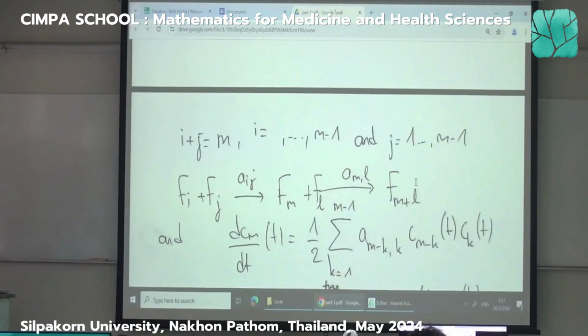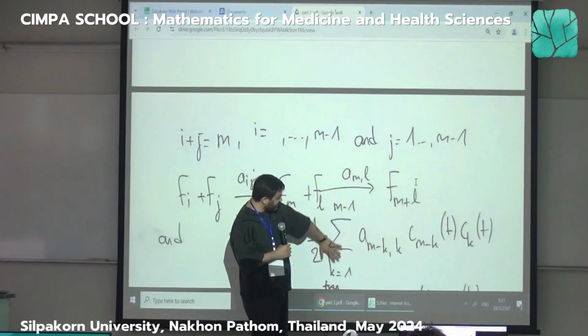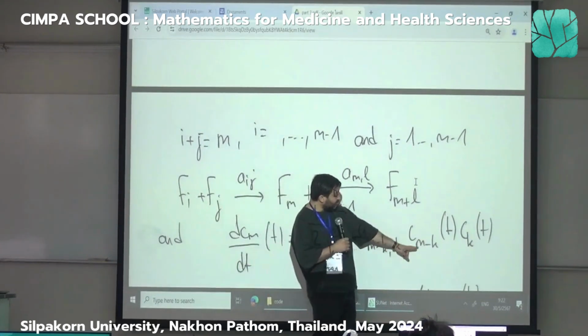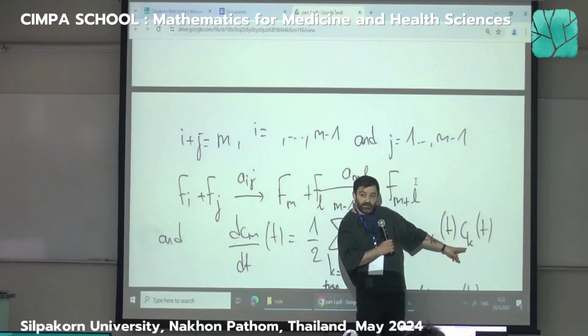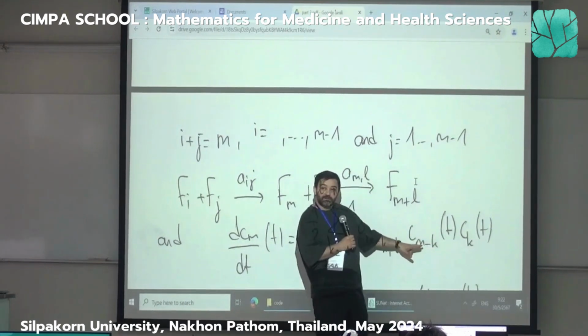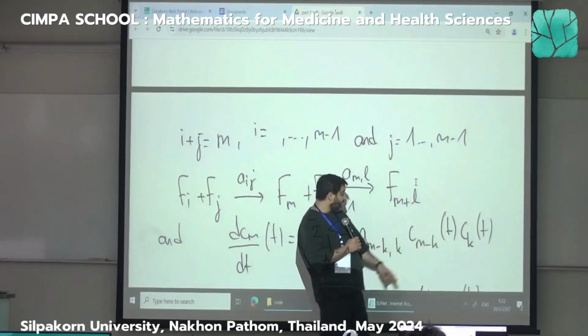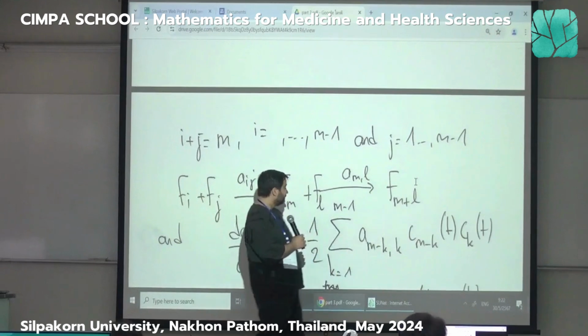That's why you have the 1/2, because you got the 2 terms. So you take the particle of size M minus K plus the particle of size K, so M minus K plus K will be M, the particle of size M, and you sum to do that.